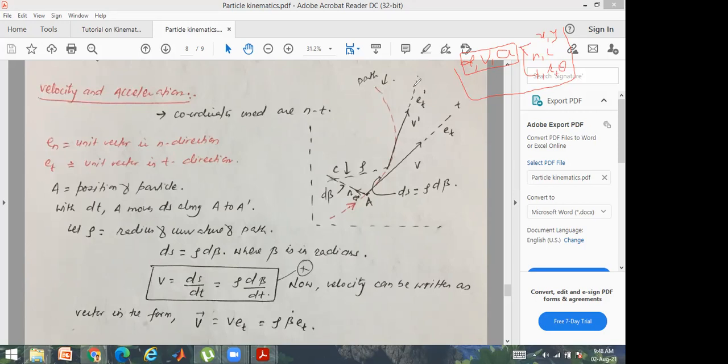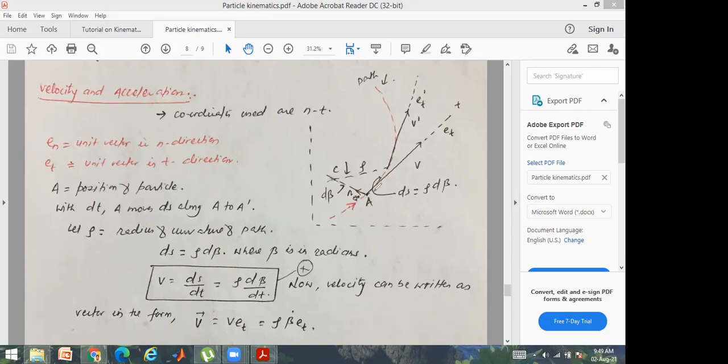Okay, this is the thing we need to see. So let us consider the coordinates to define n and t, which is normal and tangential. At any point A, consider this is the position of the particle, and this red line represents the path that the particle travels. At point A, I can find a normal velocity as well as tangential velocity.